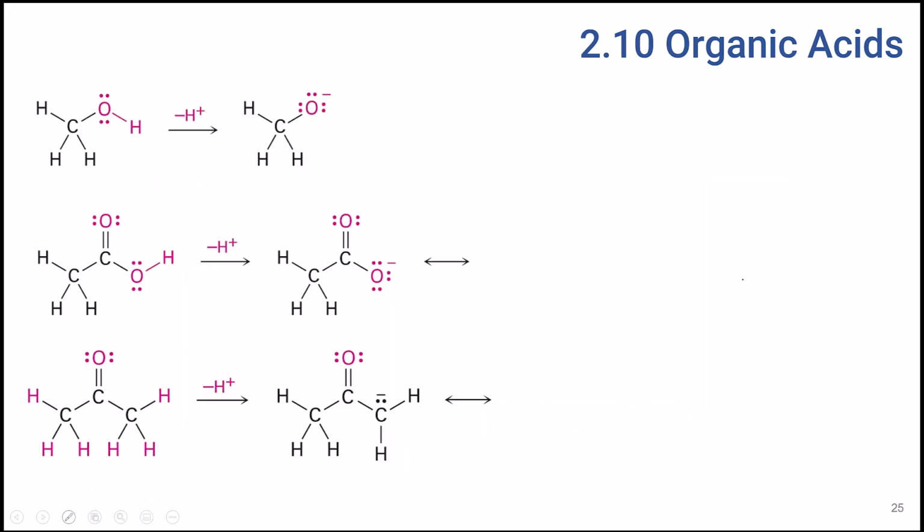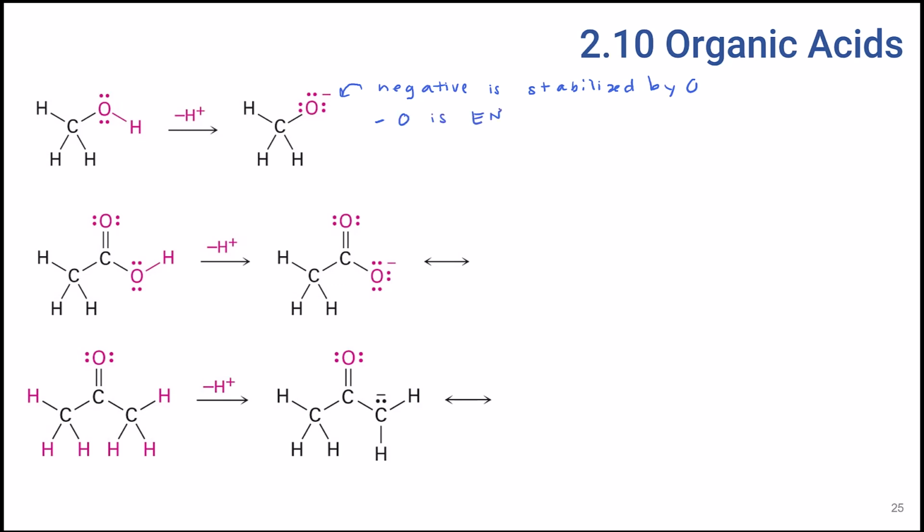These organic acids can form sometimes because the anion that forms can be stabilized by a highly electronegative atom. So hydrogen, if that donates the proton and acts as the acid, the negative charge is stabilized by the oxygen. And that is okay because oxygen is electronegative.